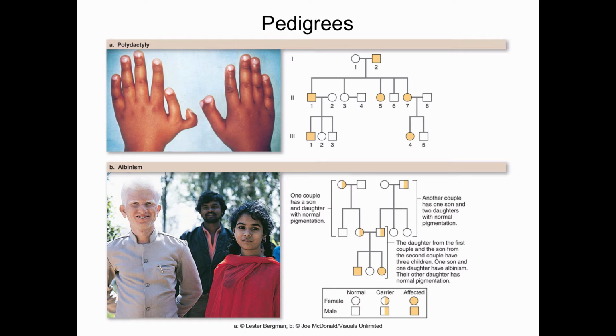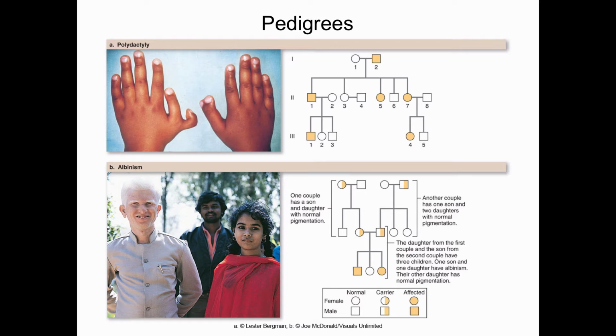And the only way to show the trait, in this case albinism, would be if you inherited 2 recessive alleles for that condition. Remember, from the previous lecture, an allele is just an alternate form of a gene. So for every gene or every trait, we have 2 alleles.